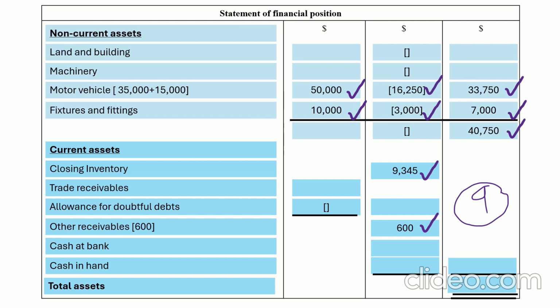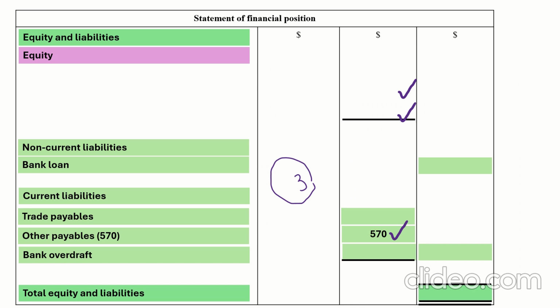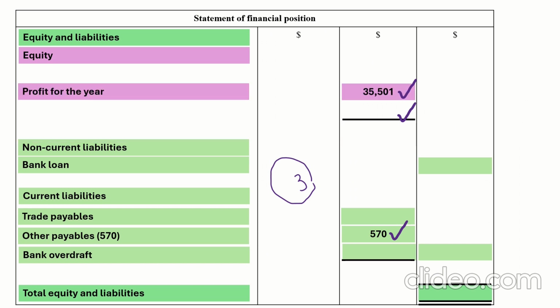We are done with the first half of the statement of financial position and the second half of the statement of financial position. We have some missing figures in the statement of financial position. The reason being that the question is to complete the income statement. However, I've shown you how the entries work in the income statement as well as in the statement of financial position.